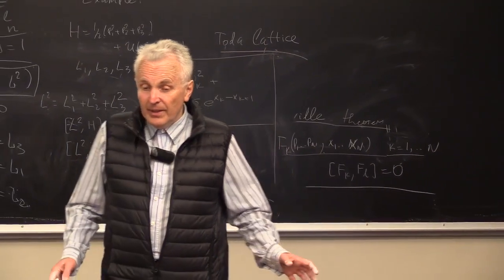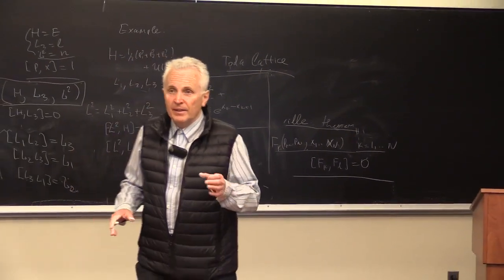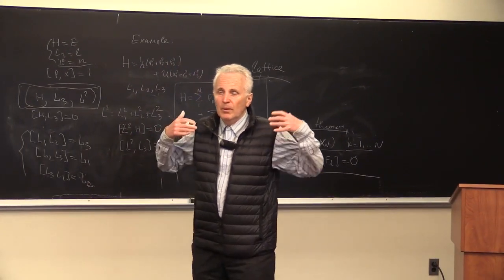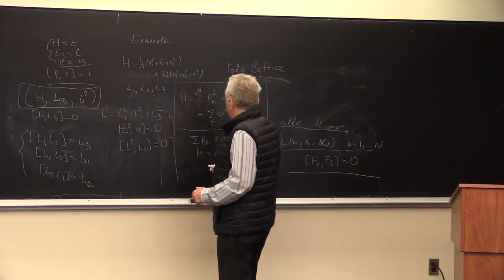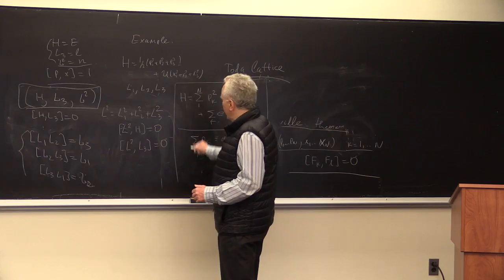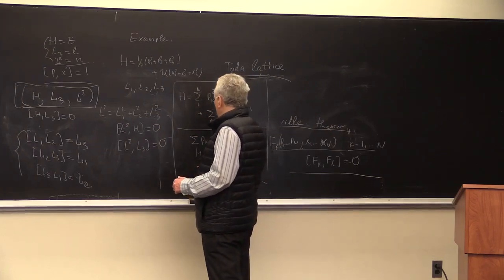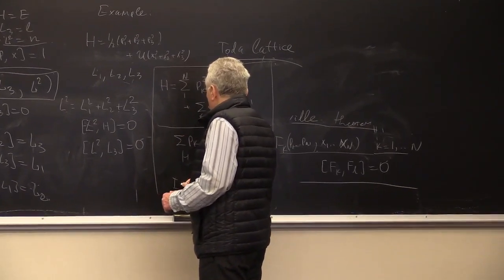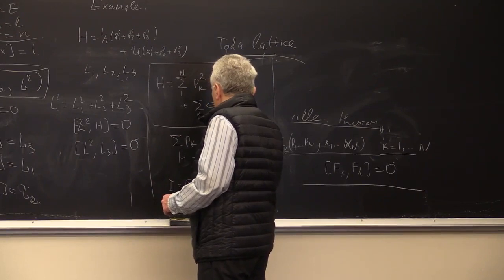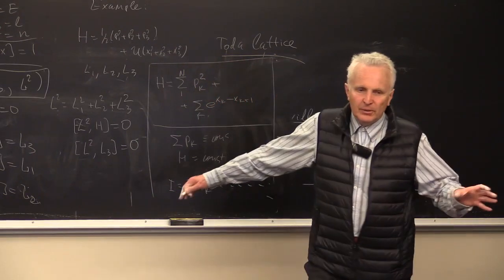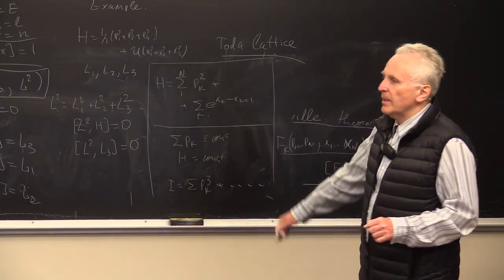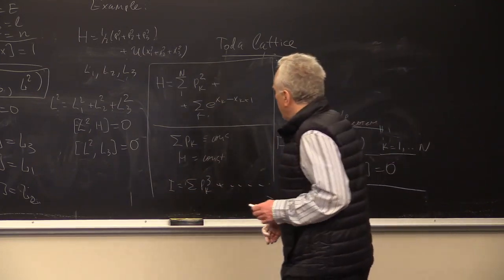Now, the great surprise, which follows from almost nowhere, is that there are n integrals here. The next integral will be like the sum of p_k to the cube plus a lot of stuff, and we will see how to find them. And this system turns out to be completely integrable.